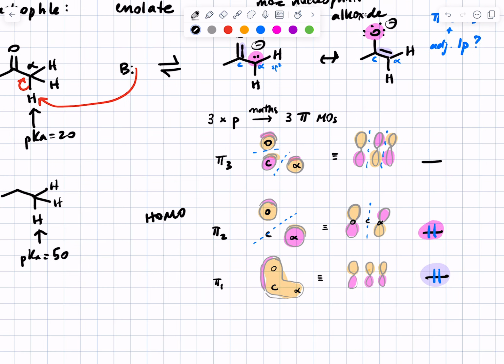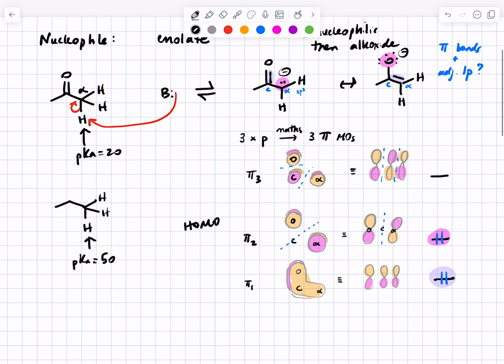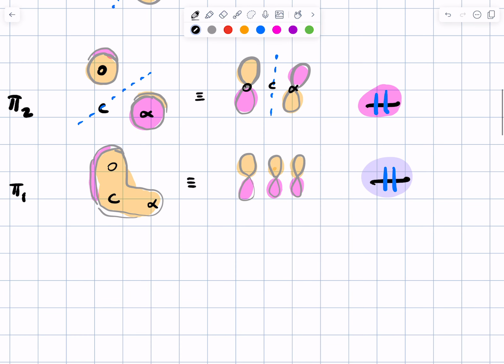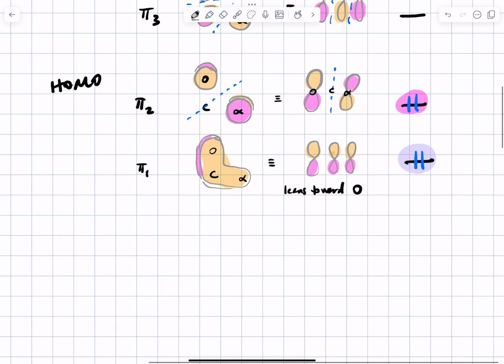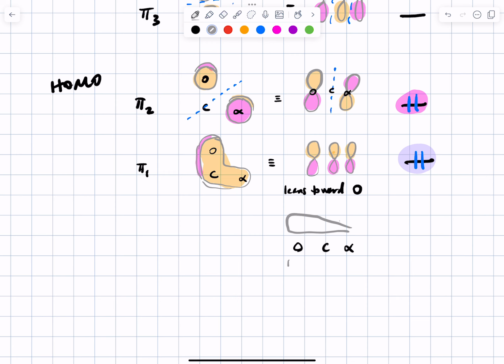The reason for that is that oxygen is more electronegative than carbon. So we will see, like we saw in carbonyl chemistry, this pi1 orbital, the lowest energy electrons, this one leans toward oxygen. So if we were to actually draw what this orbital looked like, probably if you have oxygen here, carbonyl carbon, and alpha carbon here, probably this lowest energy orbital leans somewhat towards the more electronegative atom, which is oxygen.